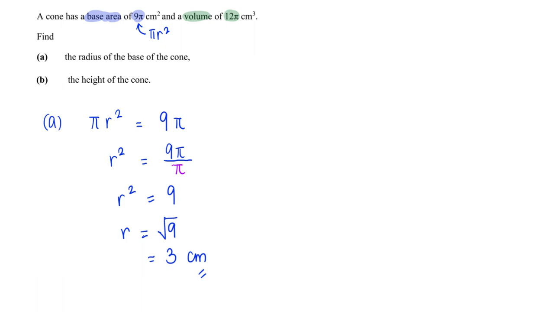As for part B, it requires us to take note of the volume. So for part B, please remember that the volume of a cone, in this case, is equal to 12 pi.